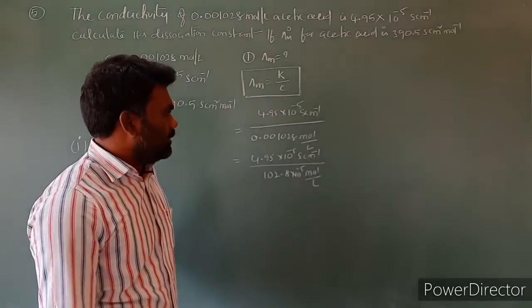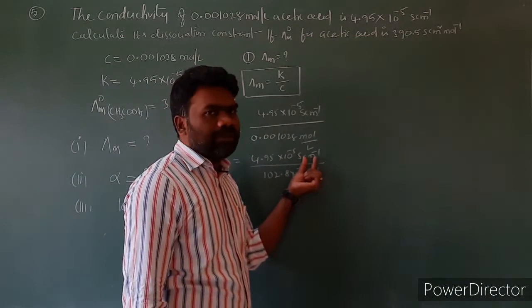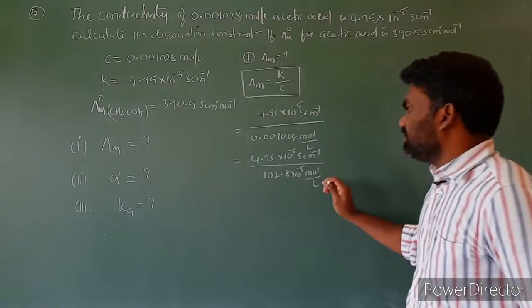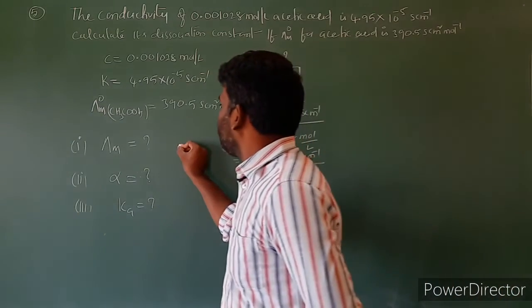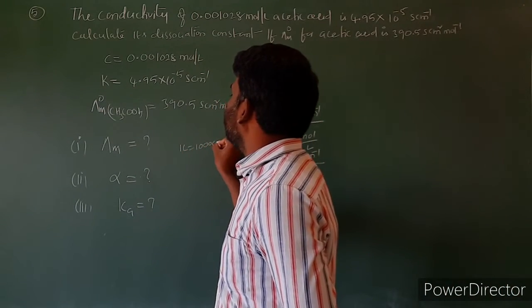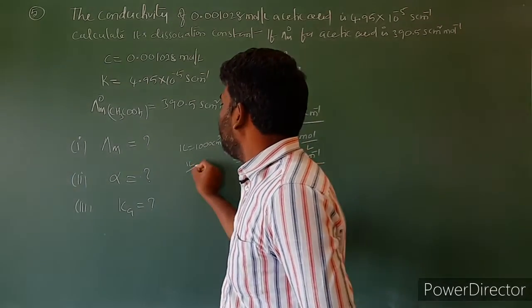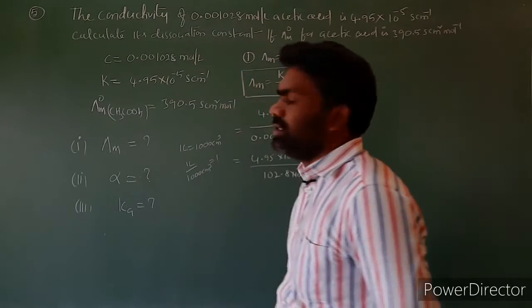One more thing: the units are Siemens per centimeter, but here we have liters, so we have to convert liters into centimeter cube. 1 liter is equal to 1000 centimeter cube.